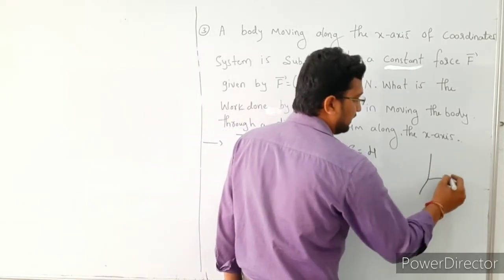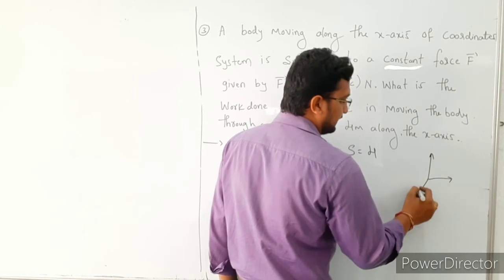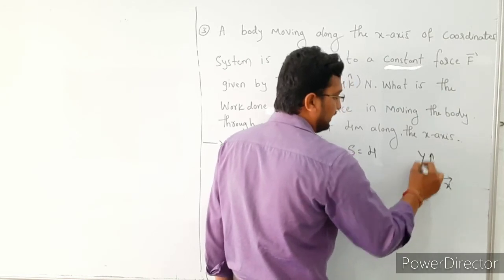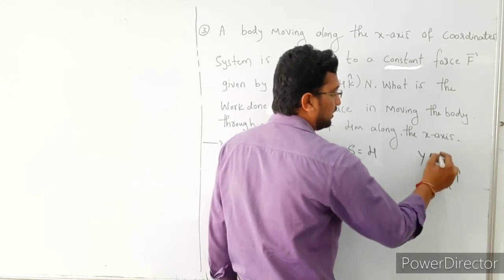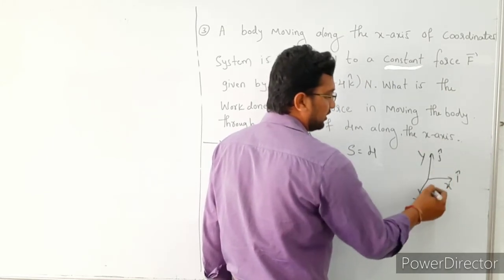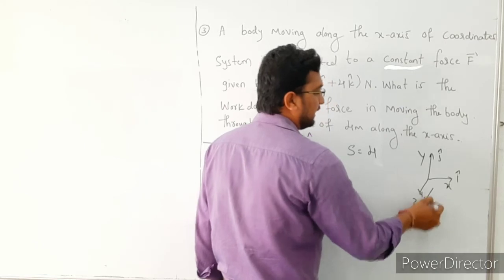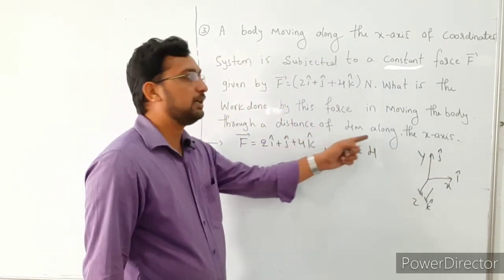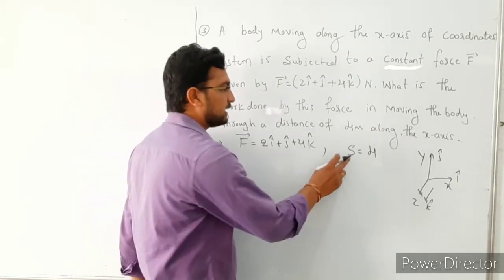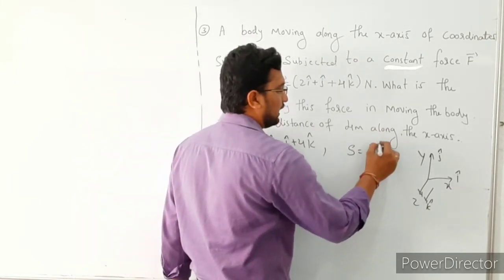Here i cap indicates along the x direction, j cap indicates along the y direction and k cap indicates along the z direction. But in this case the distance of 4 meter along the x-axis means that the displacement is 4 i cap.